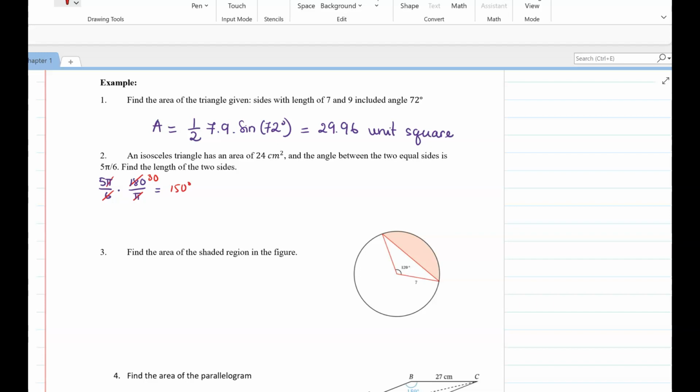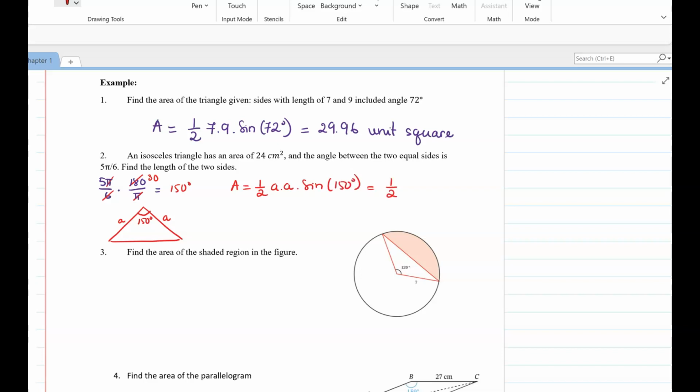Okay. So you have an isosceles triangle where this angle is 150 degrees, and this side here is equal, A and A, because it's an isosceles triangle. So the area equals 1/2 A times A times sine of 150 degrees.